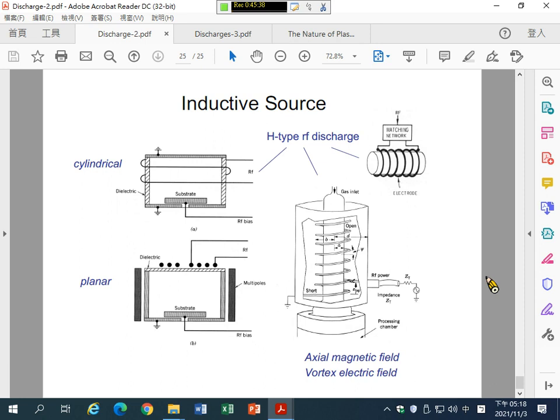In the next chapter, when we talk about plasma generation by microwave, we will come back to see this example again. In order to keep the chamber wall of the glass tube cool enough, you need a very, very high gas flow rate, so that you use the gas to cool down the quartz tube.